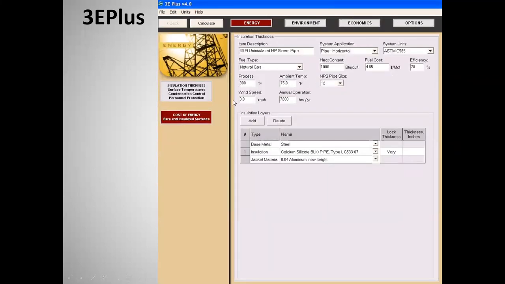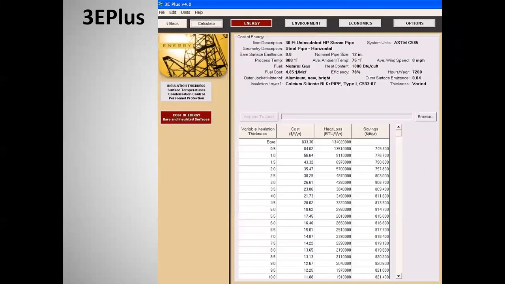Here you've got the same stuff, but it wants to know the fuel type, natural gas, the energy content, BTUs per cubic foot, and the cost and the efficiency. So you can input that as well. And so this will give you dollars instead of just energy, because then it can translate from the energy loss to dollars.